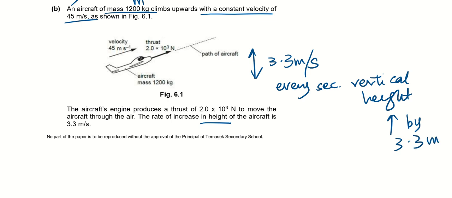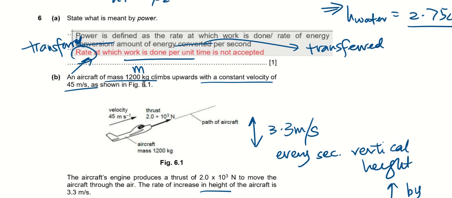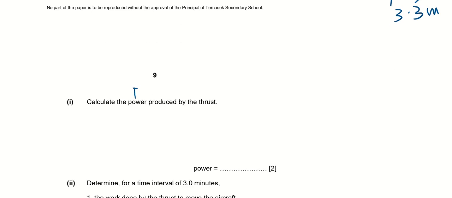Okay, by 3.3 meters. Calculate the power produced by the thrust. Now power, if there is a constant velocity, then our power P is energy per unit time, or equals work done over time.